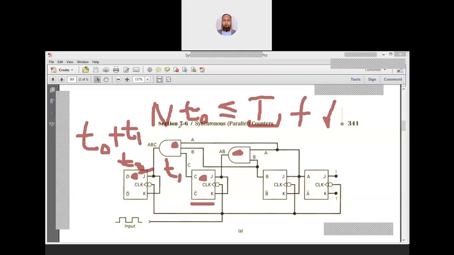This delay remains the same whatever the size of the counter. But in the asynchronous counter, the delay increases with the number of counts and the number of flip flops. This delay T naught plus T1 is always constant. T naught is the delay of the flip flop and T1 is the delay of the AND gate. This is one of the advantages of using the synchronous counter.